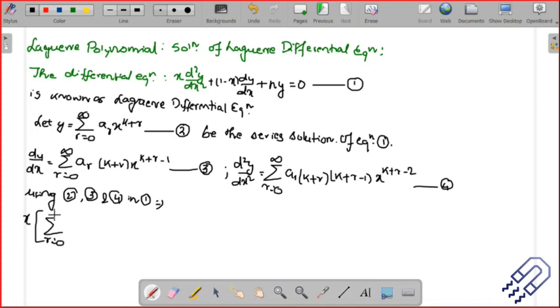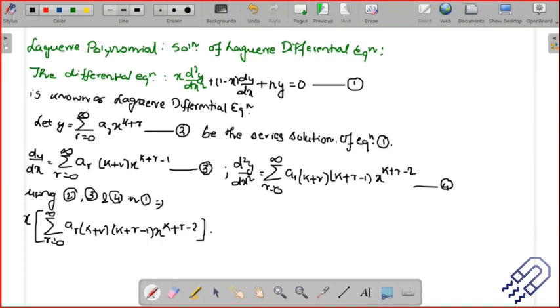Summation r is equal to 0 to infinity a_r (k plus r)(k plus r minus 1) x to the power k plus r minus 2, right?